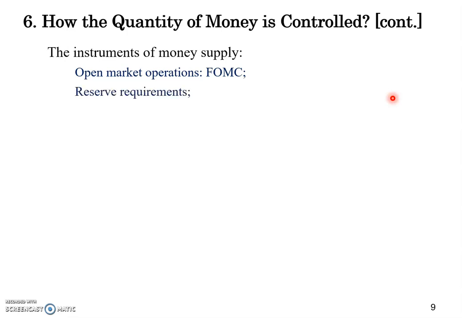Another one, which is also used quite often, is called reserve requirement. Okay, and the reserve requirement means, these commercial banks operating in the United States, they are supposed to reserve a fraction of the deposits they received, just in case people would come back and withdraw the money.